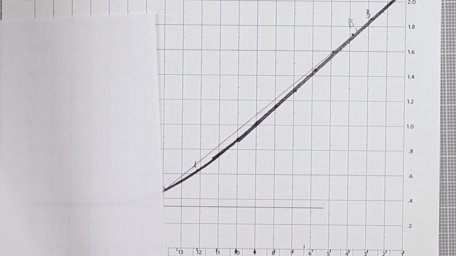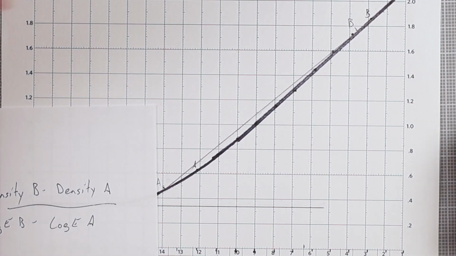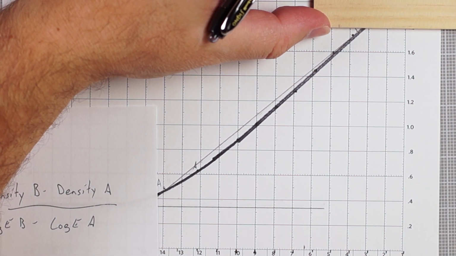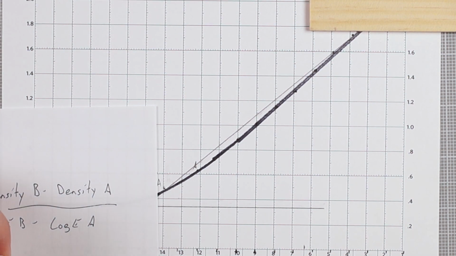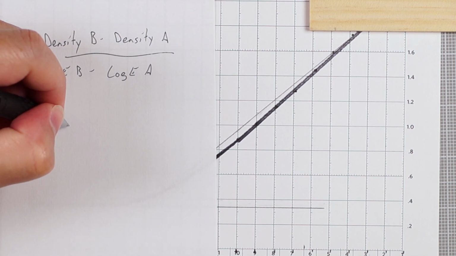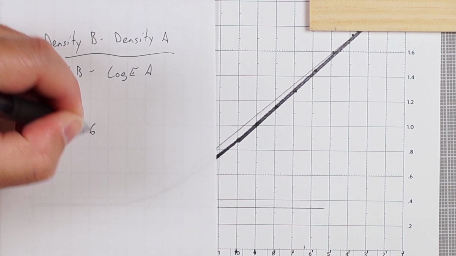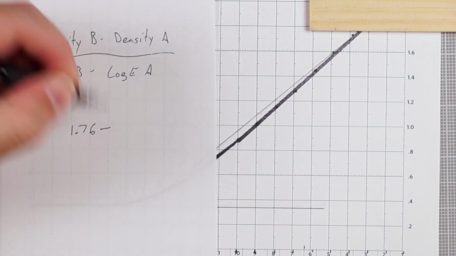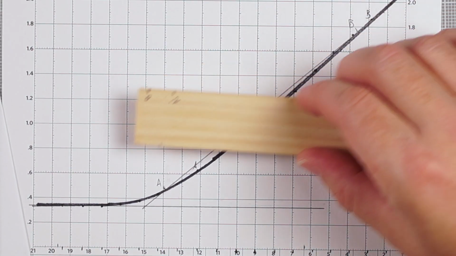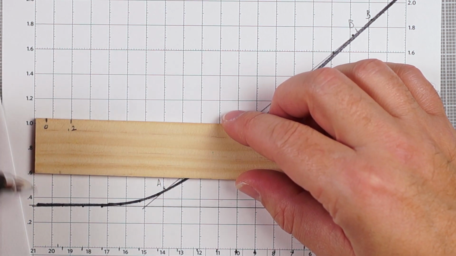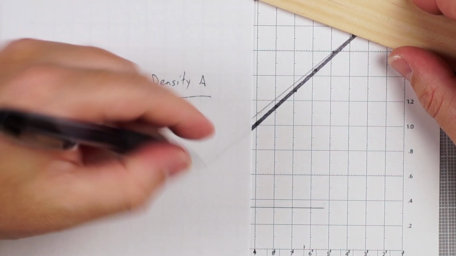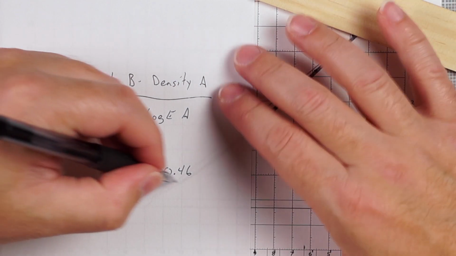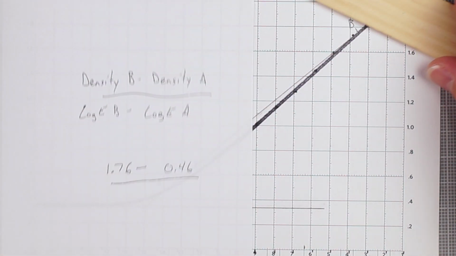Our density of B looks like it is at 1.76. So let's write that down: 1.76 minus density A, which is 0.46, and we're going to divide that by the log exposure of each.